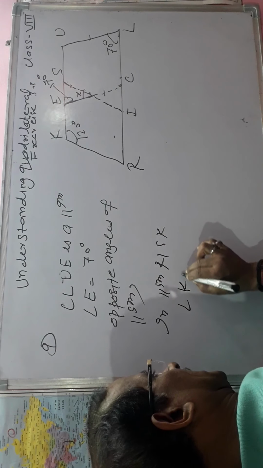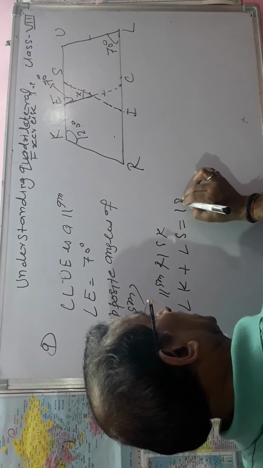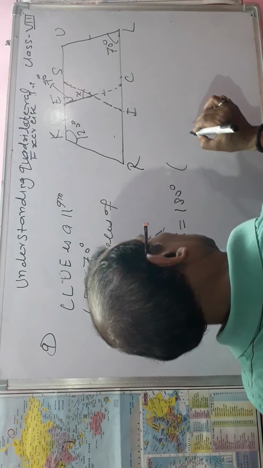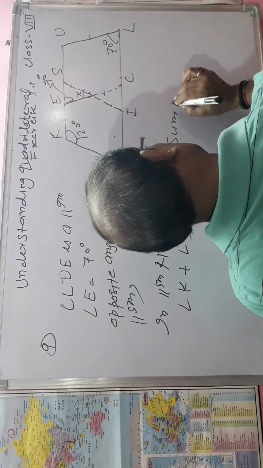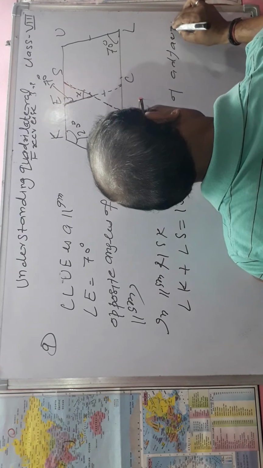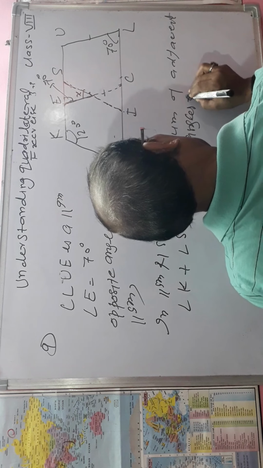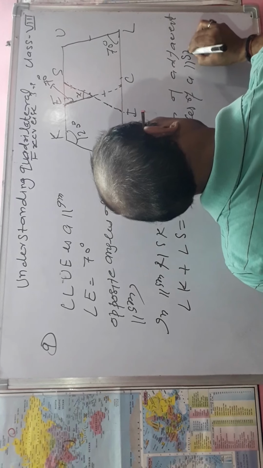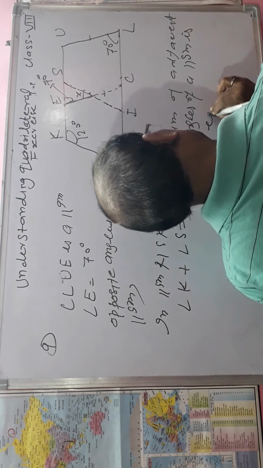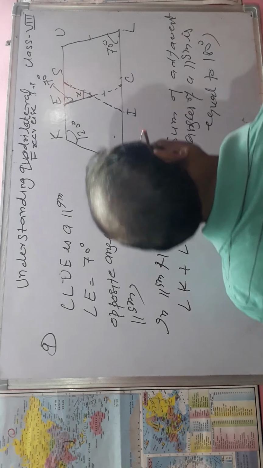angle K plus angle S is equal to 180 degree. Sum of adjacent angles of a parallelogram is equal to 180 degree.